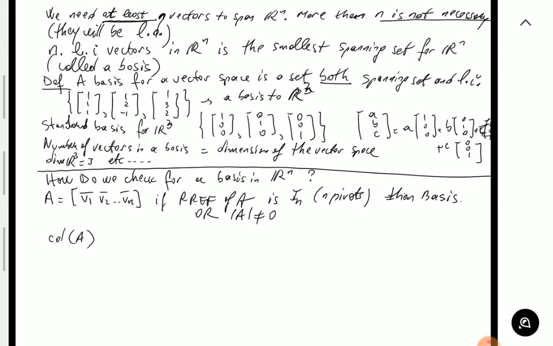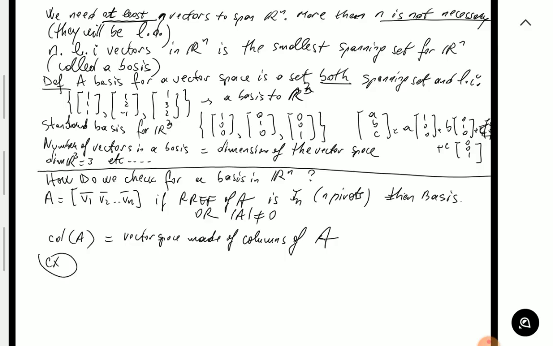If A is a matrix, Col A is the vector space made of the columns of A. So if you have n vectors in Rn, they form a basis if the column space is equal to Rn itself. That's why checking whether the determinant is not equal to 0 is the most straightforward way of checking for a basis. So let's do another example.